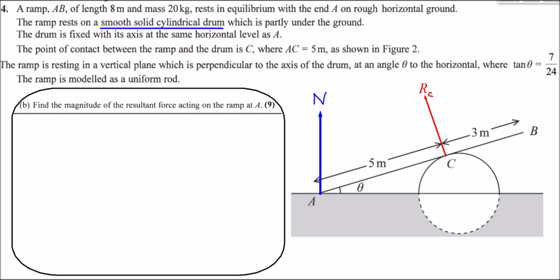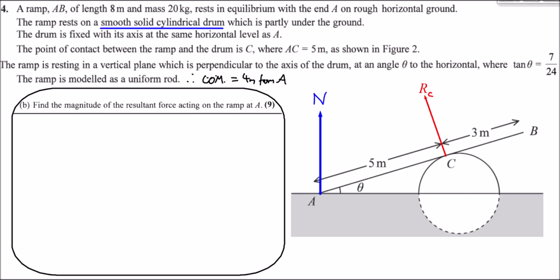As well, we're told that this is a uniform rod, so therefore the centre of mass, COM, will be 4 meters from A, because 8 meters, so half of 8 is 4.